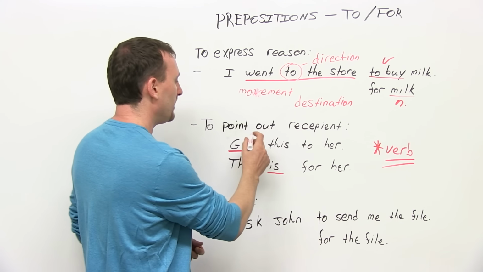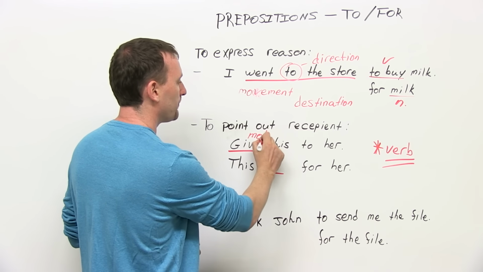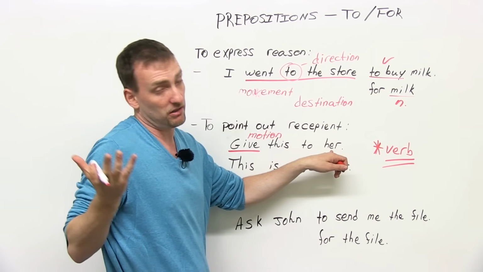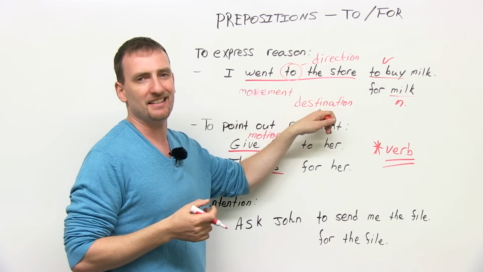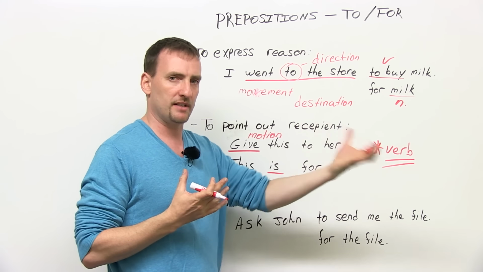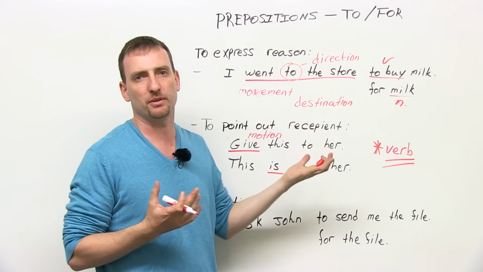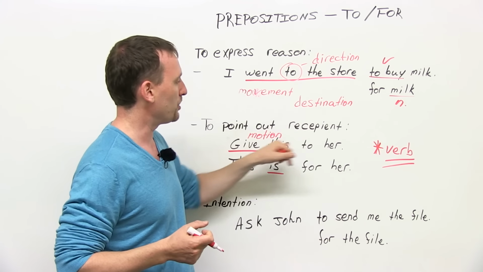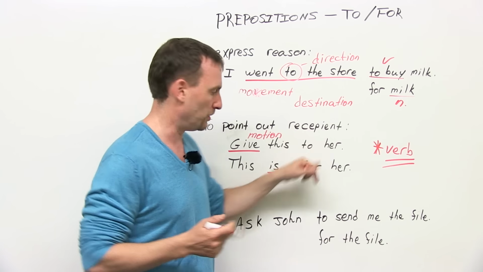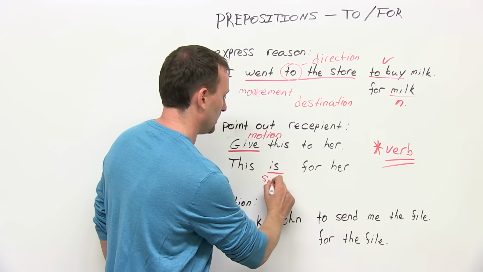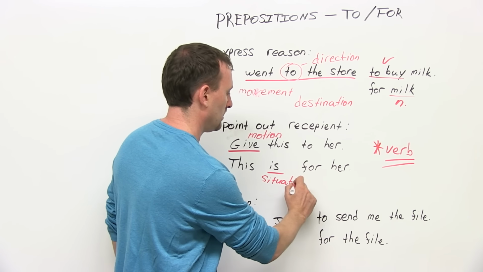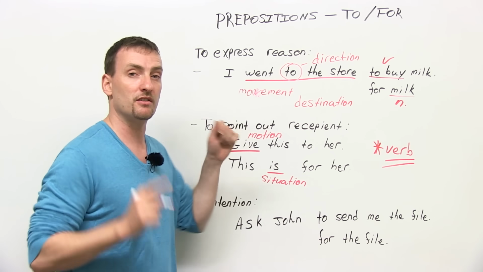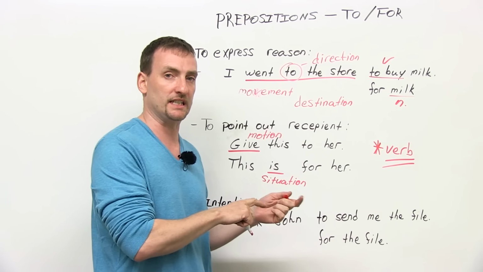When you have motion, and here, her or the person is like a destination. It's not a place, but it's the recipient. Recipient is similar to a destination, except you have place and person. When you have motion and recipient, use "to." When you have situation, then you're going to use "for." So it all depends on the verb, not the preposition.